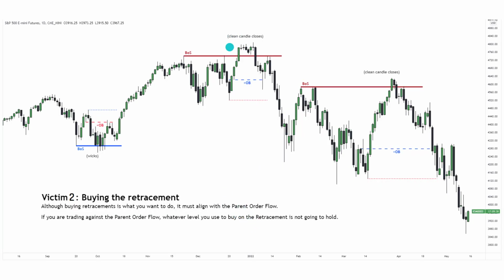if this high becomes the parent order flow, because this is a high time frame resistance level actually, opposing levels such as this order block or this fair value gap here or this low are going to be sought.